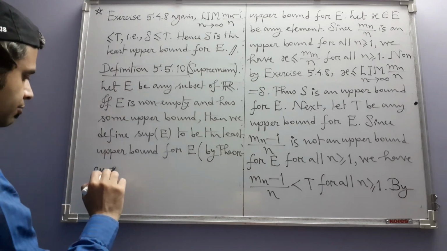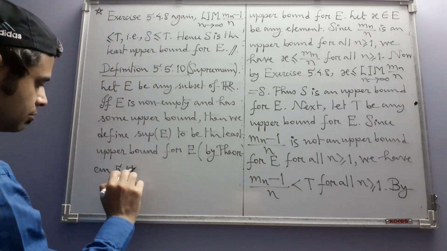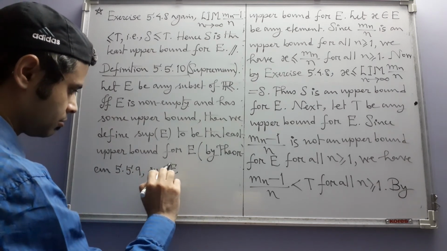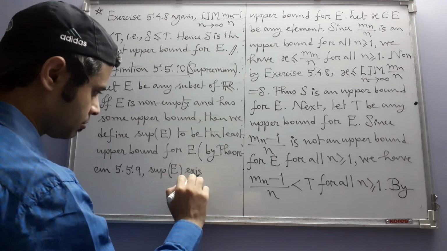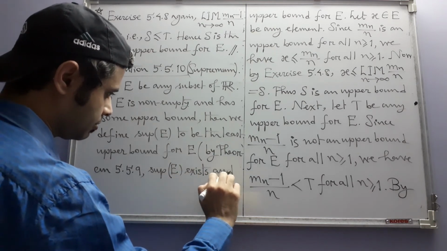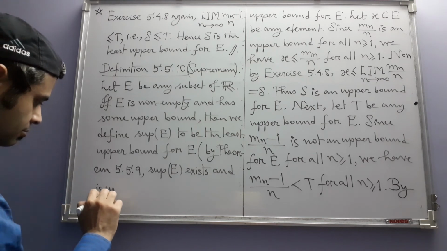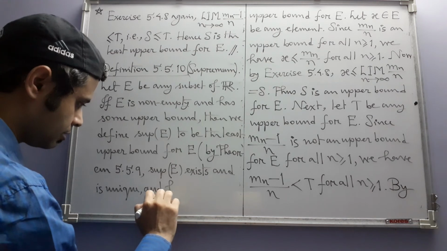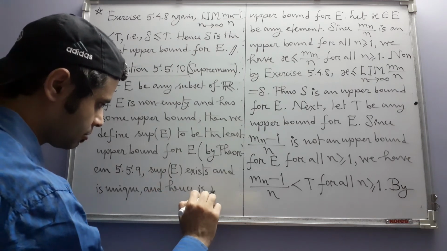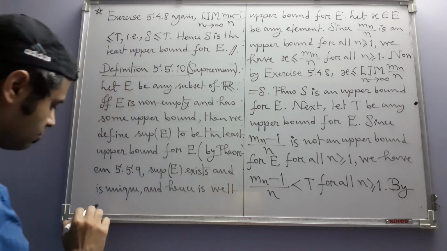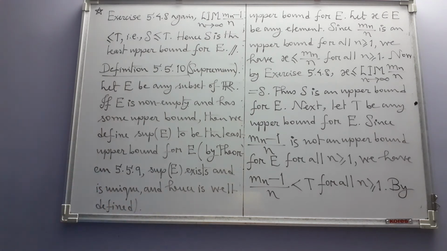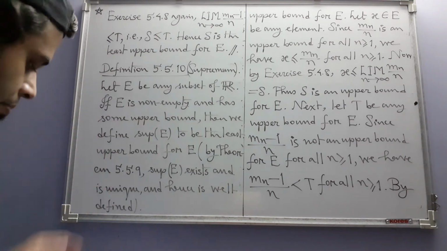So by theorem 559, it exists and is unique and hence is well defined. Okay, so this is when E is non-empty and has some upper bound.